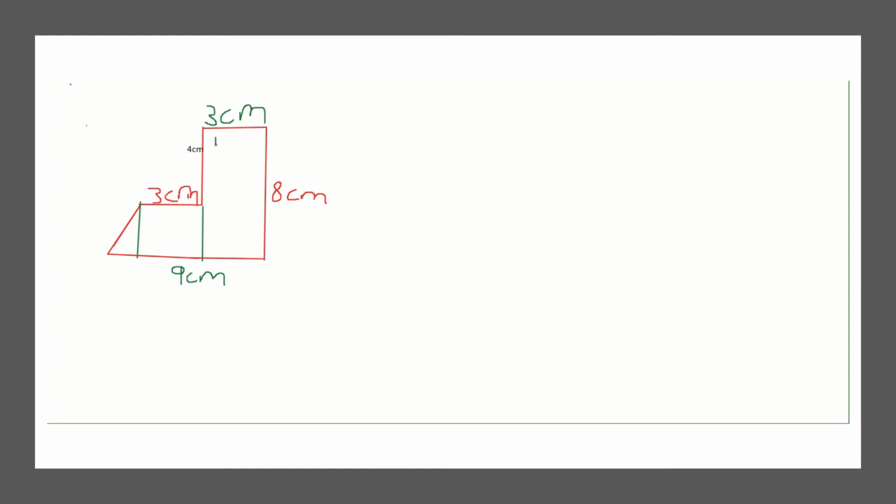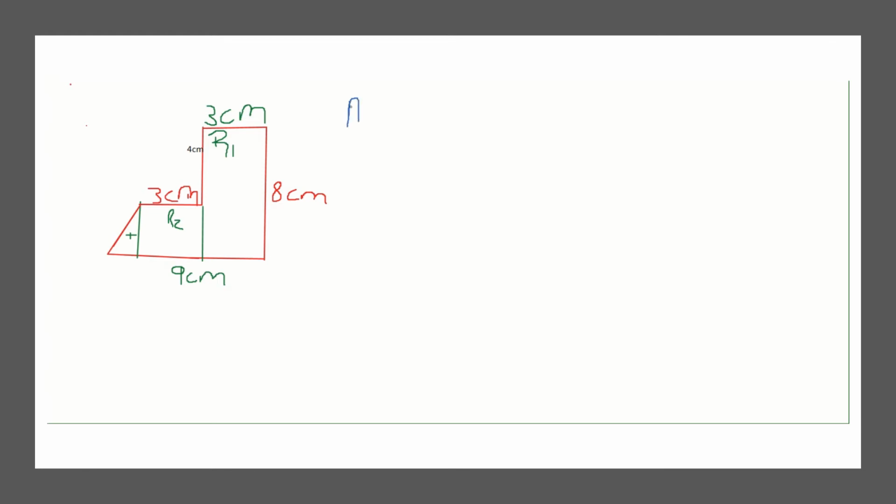So I'm going to call this R1, which is rectangle 1. I'm going to call this R2. And of course, this is our triangle T. Okay, so what we can now do is find the area of rectangle 1 because we know the length, which is 8 centimeters, and the width, which is 3 centimeters.